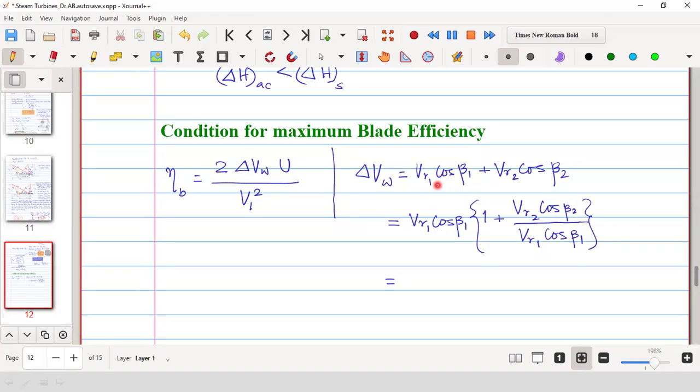Next, we will define certain quantities, like the blade speed ratio.